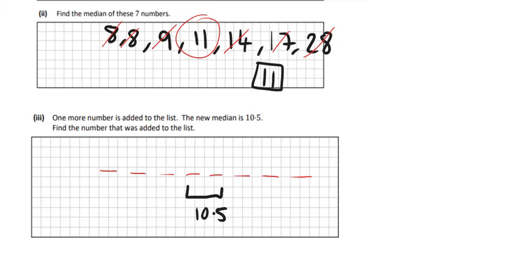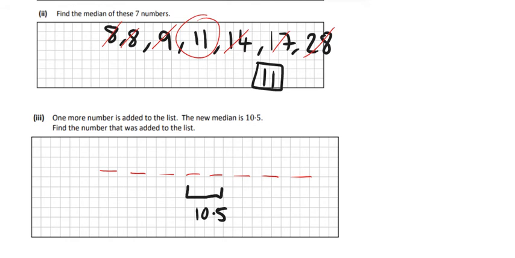Has to be the way it is. So if the new number was added down here somewhere, it wouldn't really make a difference to what the middle would be. You know from your list already, you've got 9 around there, you've got 11 around there, you've got 14 around there.